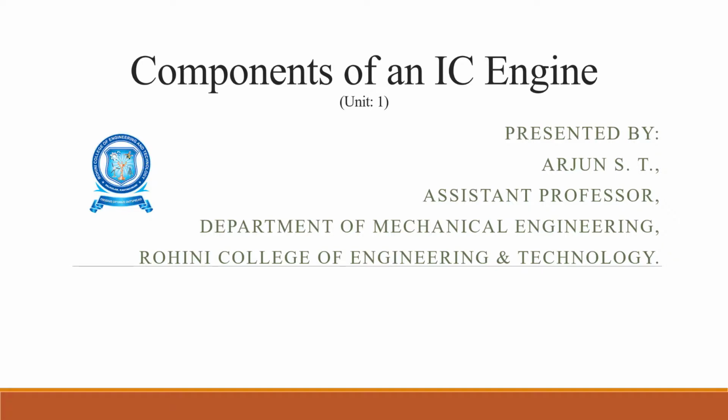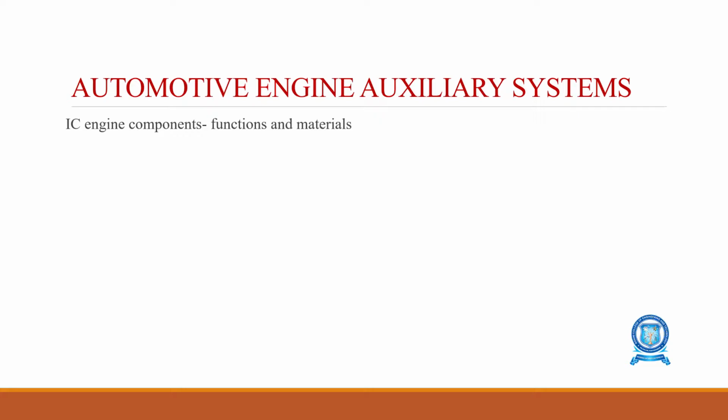So in this video, we are going to discuss the components of an IC engine. In automotive systems, in the first unit, we are going to discuss the topic components of an IC engine. So this is the topic we are dealing with today. We already know that the topic of the first unit is the engine auxiliary system.